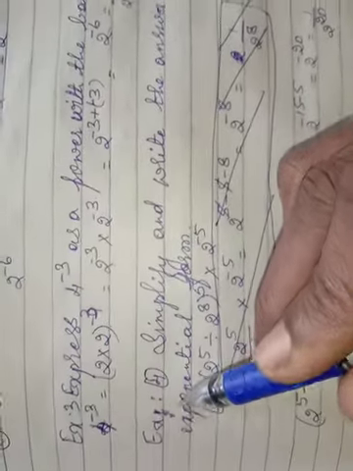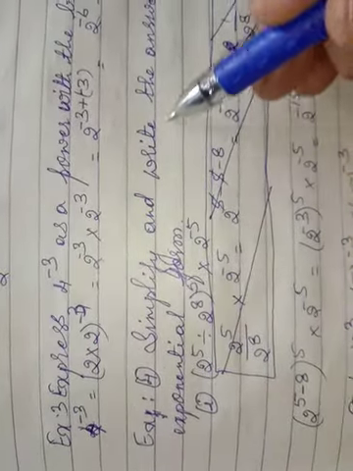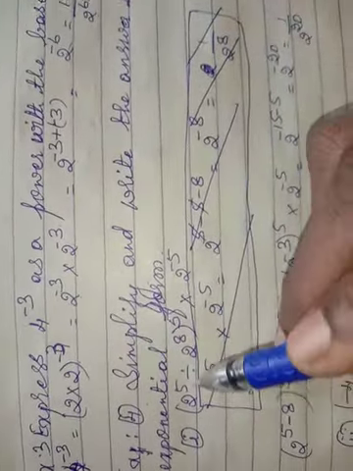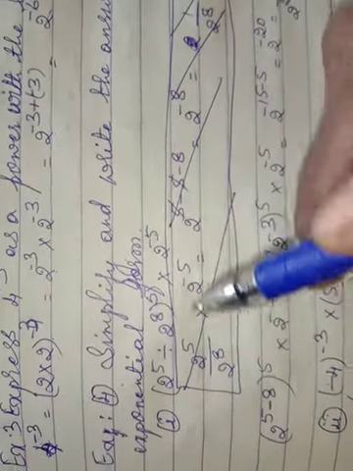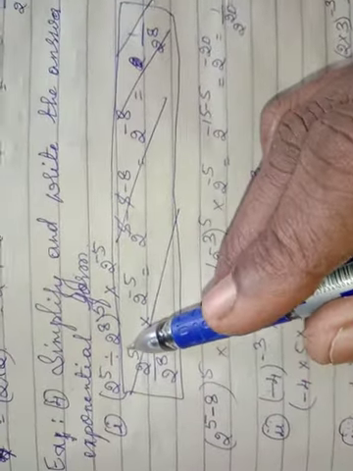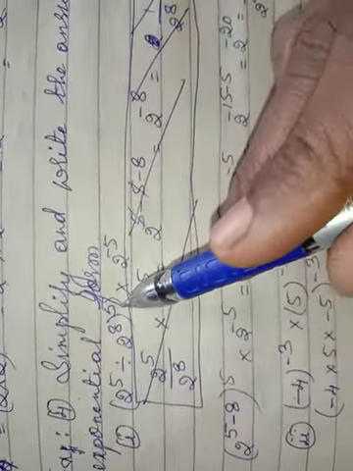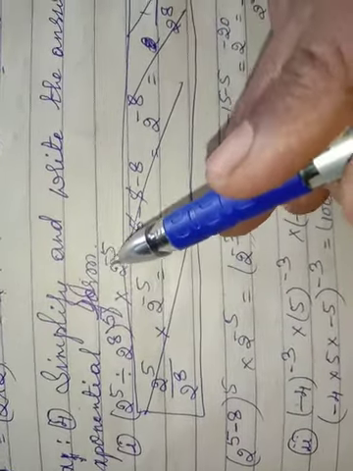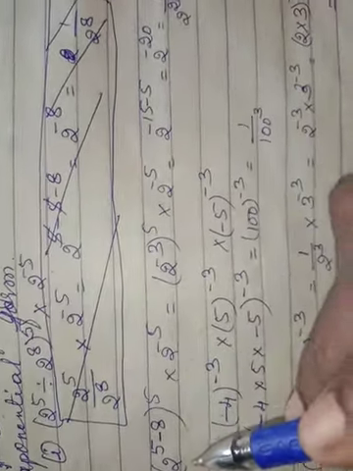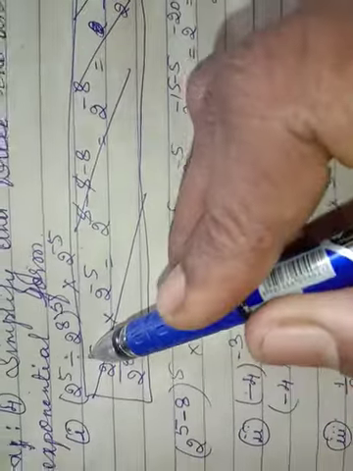Okay. Now example 4: simplify and write the answer in the exponential form. Now 2 to the power 5 divided by 2 to the power 8, whole to the power 5, into 2 to the power minus 5. Now this is division, yes or no children?